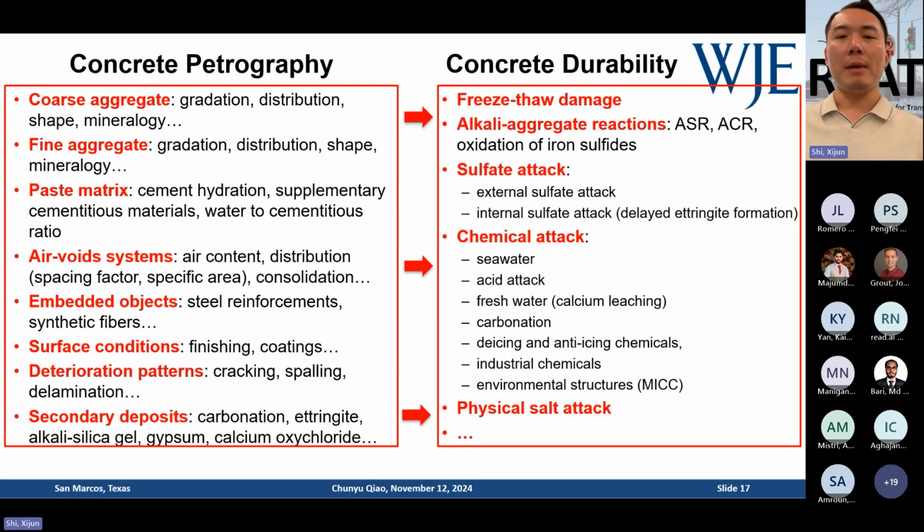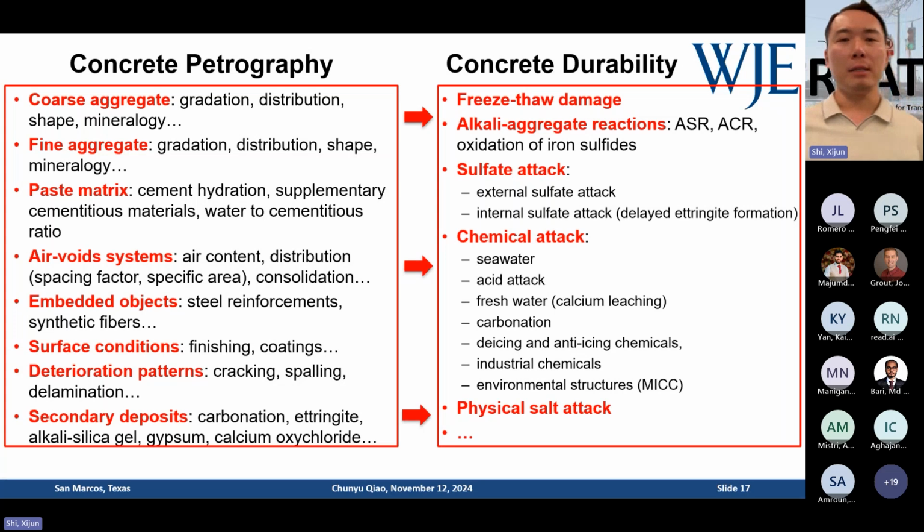And also MICC, microbiologically induced concrete corrosion. So basically it is some acid producing bacteria in those kinds of environments in wastewater treatment plants, tunnels, manholes. They have some bacteria producing acid, which can corrode your concrete pipes or other structures.